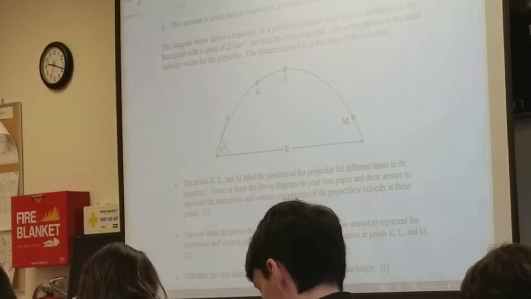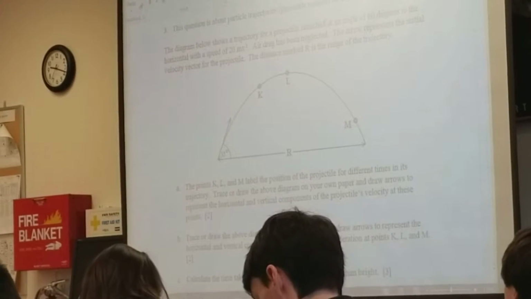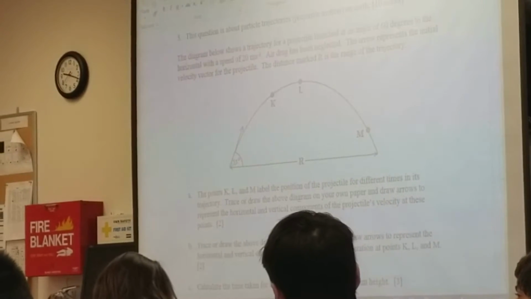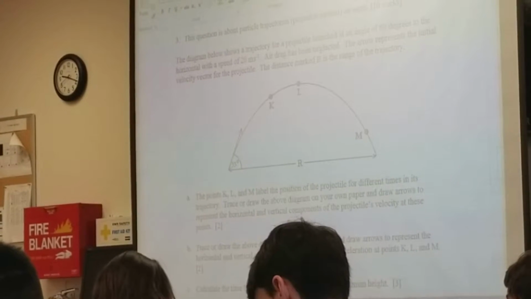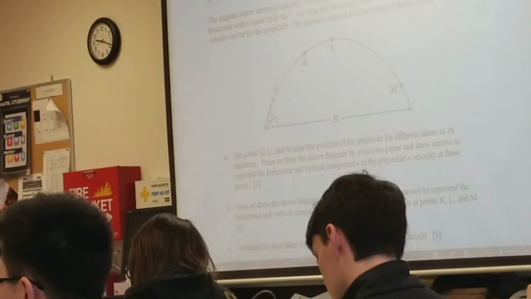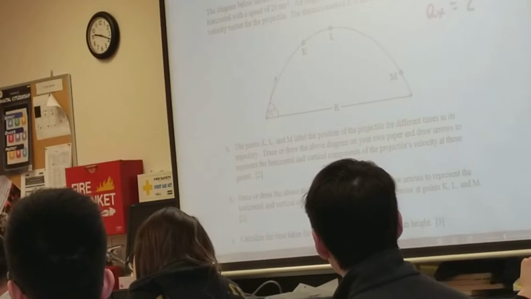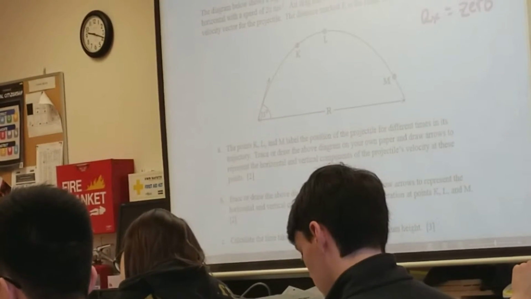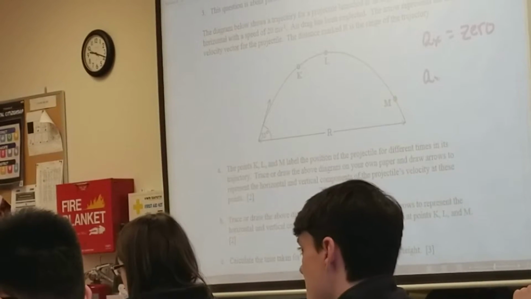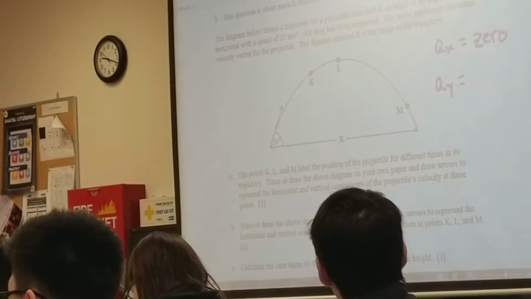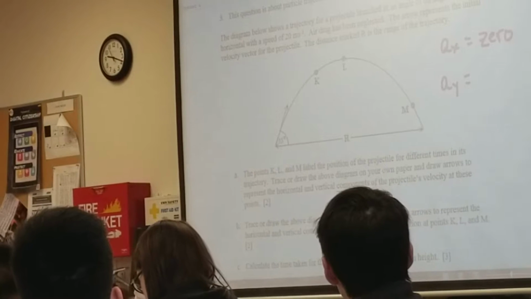You also were requested to put arrows on here to represent the accelerations. What's the horizontal acceleration of a projectile? 0. What's the vertical acceleration of a projectile? Gravitational acceleration.